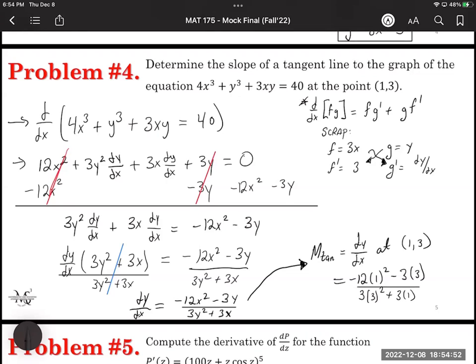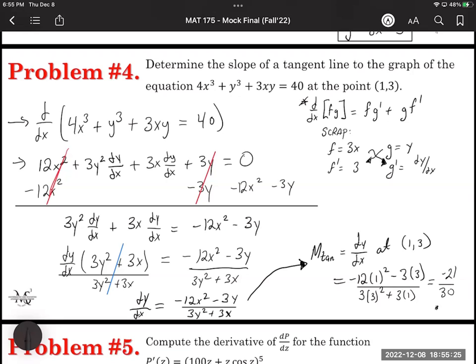If I work this out, in the numerator you will get -21, I believe, because 1 squared times -12 is still -12, and -3 times 3 is -9, giving -21. On the bottom, 3 squared is 9, so 9 times 3 is 27. 3 times 1 is 3, so 27 plus 3 is 30.